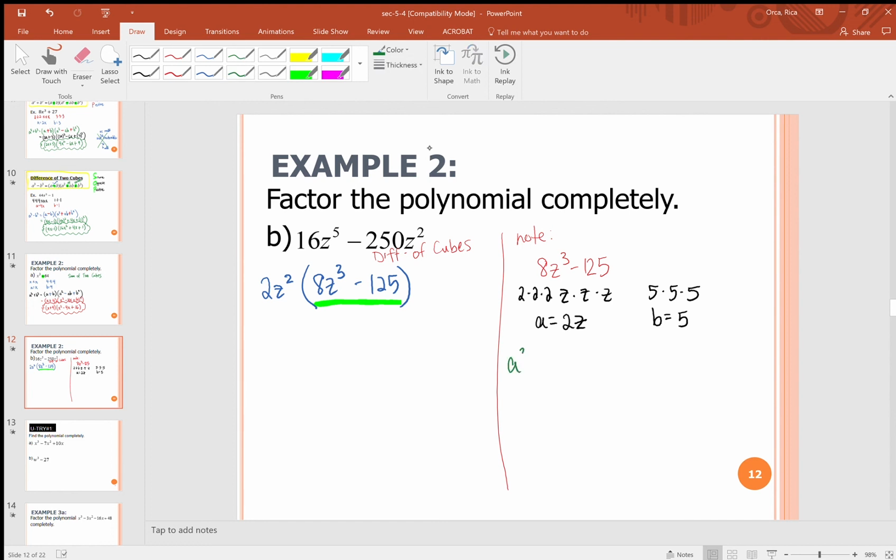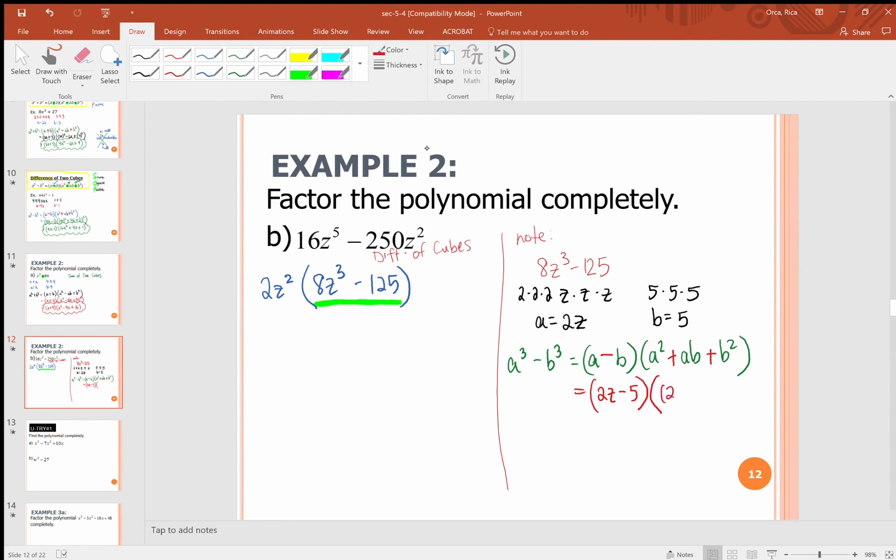So let's continue. Let's write out the factors. I have A to the third minus B to the third, which is equivalent to, write out the variables class, AB, A squared, AB, B squared. Now fill in the signs. Same, opposite, positive. Let's plug in those values. A is 2z minus B is 5.